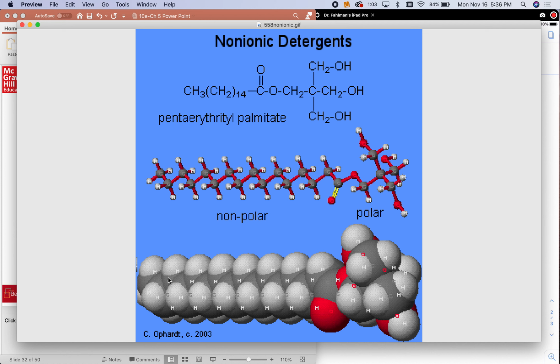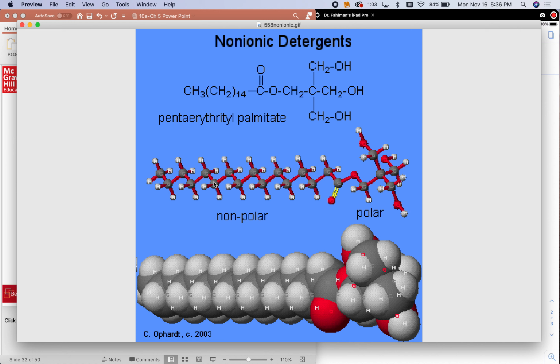This is what we call a space filling model, where the gray here is carbon, whites are hydrogens. And so you've got this long non-polar chain. And then on this end, notice that you've got a bunch of OH groups. I think you would agree that this is quite polar. So you've got one end of the molecule that's polar, the other is non-polar.